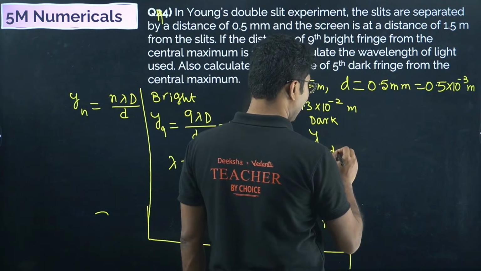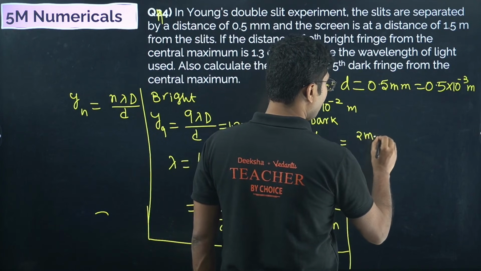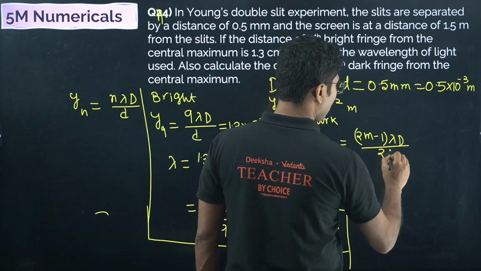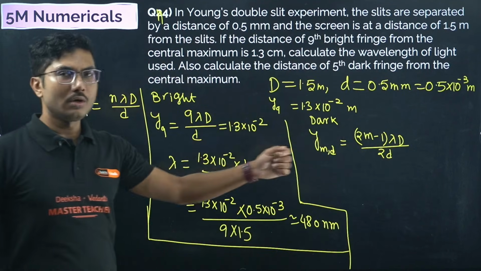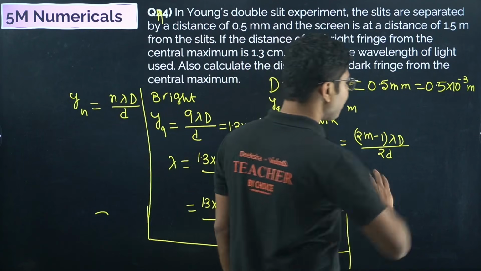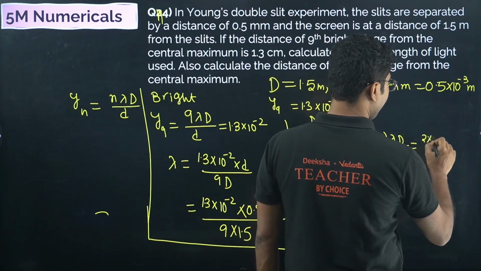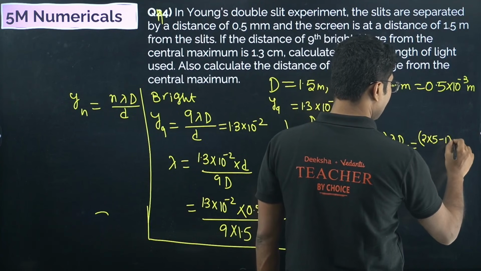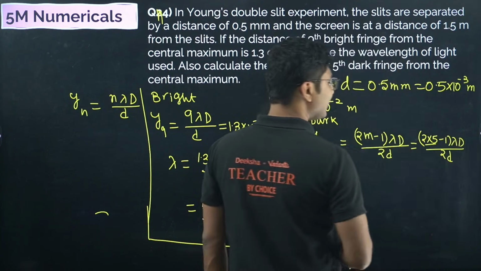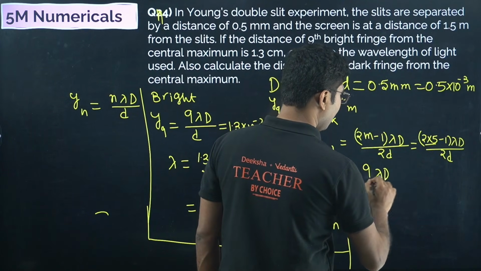Remember that there is an extra 2 in the numerator as well as in the denominator. Now the 5th dark fringe means (2 into 5 minus 1) lambda D by 2d. 2 into 5 is 10, 10 minus 1 is 9. So 9 lambda D by 2d.